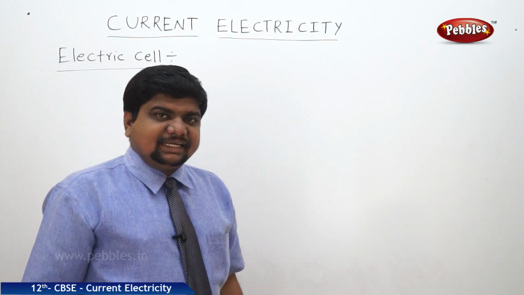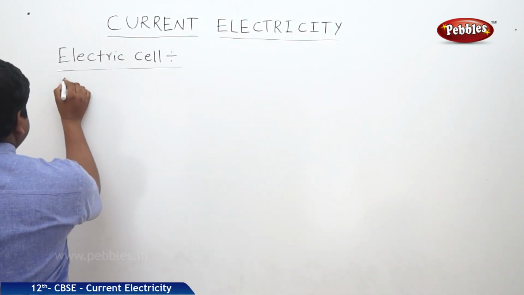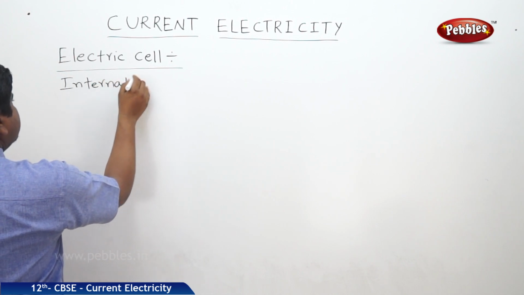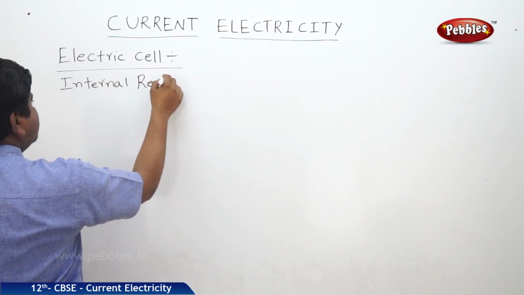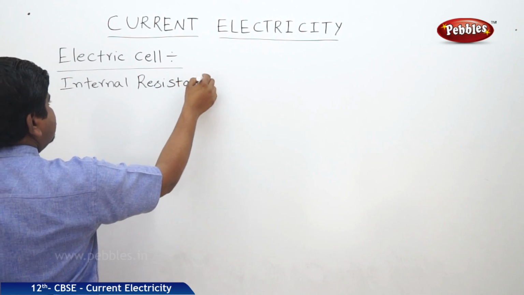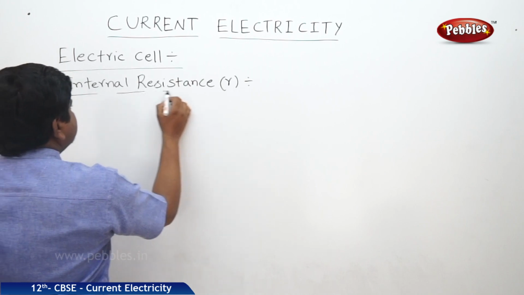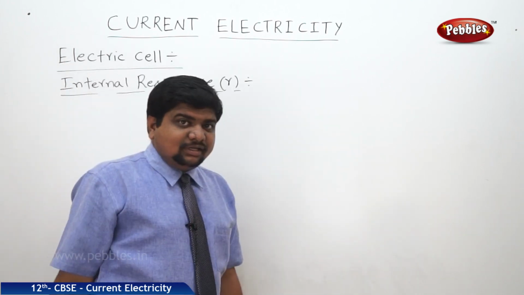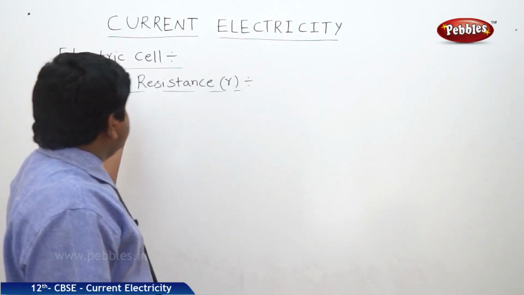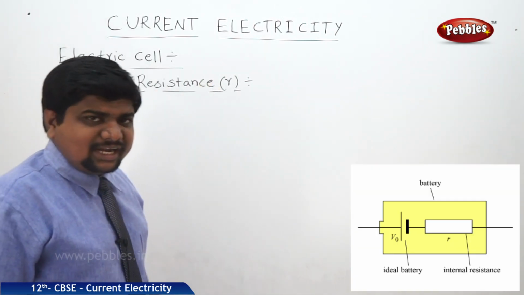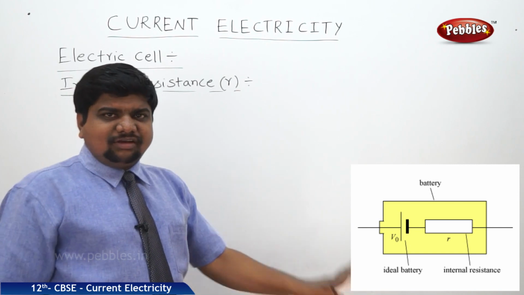Now we will see internal resistance, small r. In Ohm's law, resistance is represented by the capital R. Here, to eliminate the confusion, we are representing the internal resistance by small r. It is the standard notation by the Royal Physical Society.